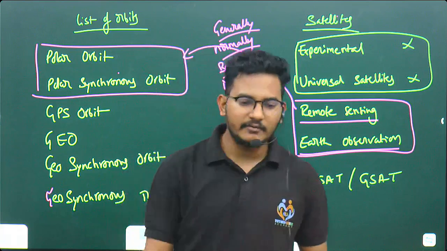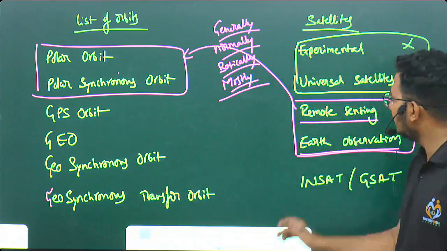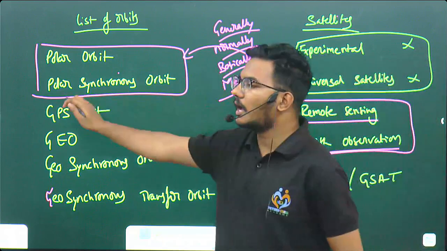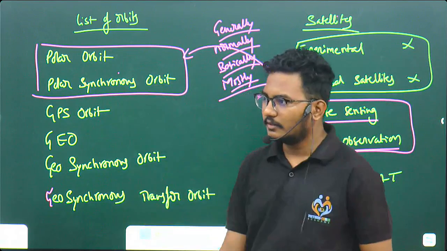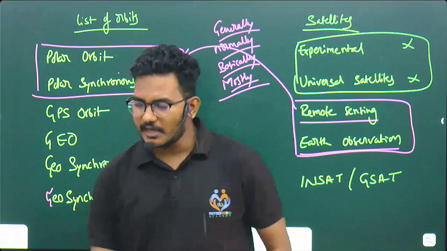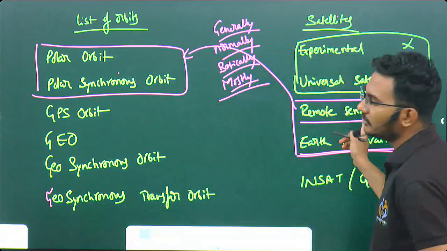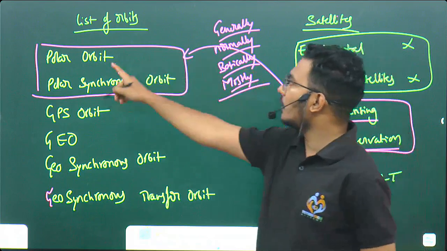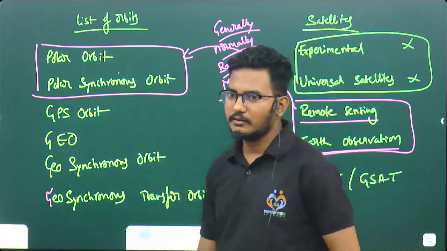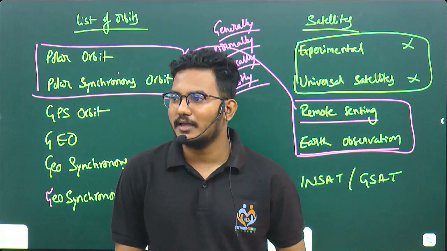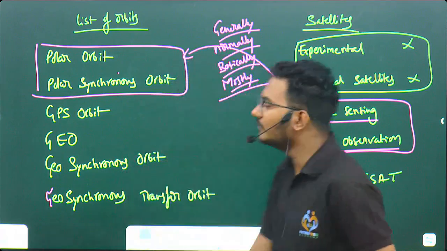But in the very next year, he has asked a question: remote sensing satellites are placed only in polar synchronous orbit. And the statement will be wrong. If my question is that remote sensing satellites are placed only in polar orbit and polar synchronous orbit, your answer will be no. So UPSC will play with these terms.